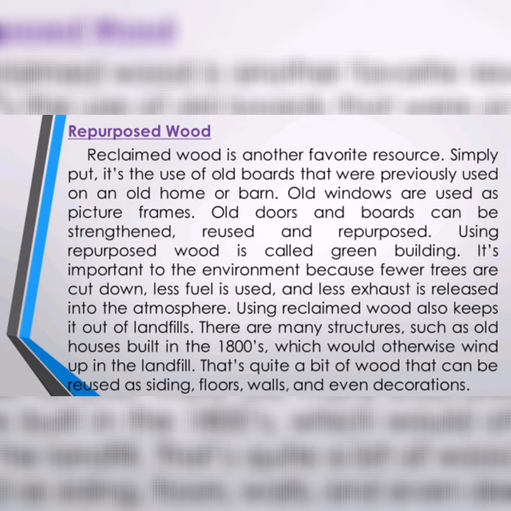It's important to the environment because fewer trees are cut down, less fuel is used, and less exhaust is released into the atmosphere. Using reclaimed wood also keeps it out of landfills. There are many structures such as old houses built in the 1800s which would otherwise wind up in the landfill. That's quite a bit of wood that can be reused as siding, floors, walls, and even decorations.